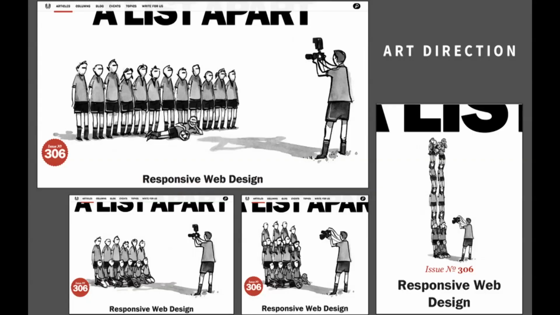Well, it looks like that. It's a popular article by A List Apart, and as you can see, they have 4 different images, 4 different pictures for different screen sizes. This is the biggest one. This is a regular desktop, a tablet, and the phone.